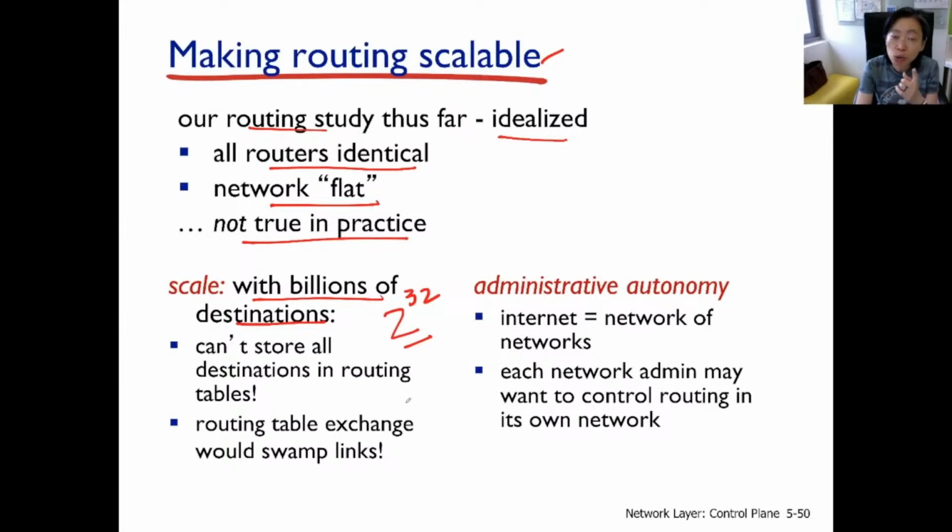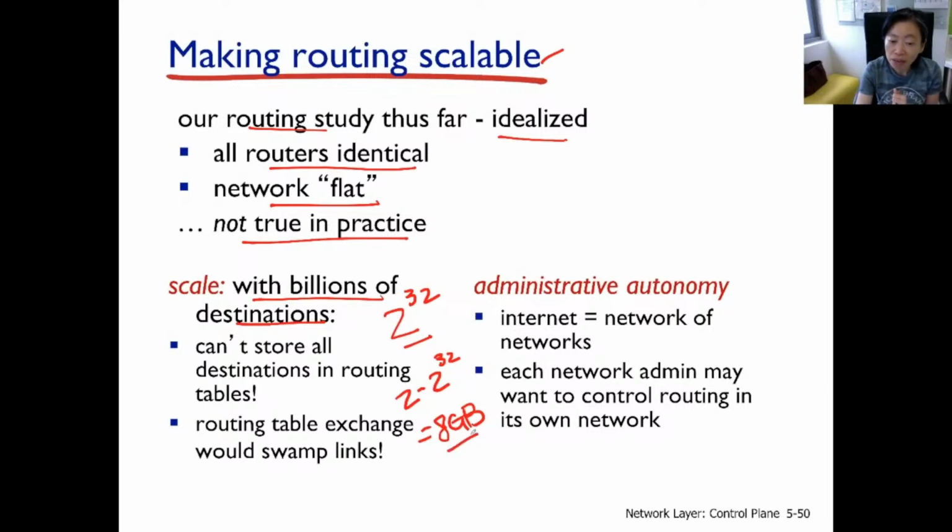Well, let's say we use 1 byte to represent the shortest distance, 1 byte to represent the predecessor. We'll need 2 bytes for each destination. And there are this many destinations. If my calculation is correct, this is probably something at the scale of about 8 gigabytes.